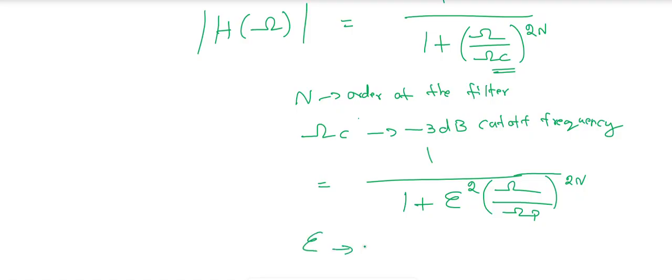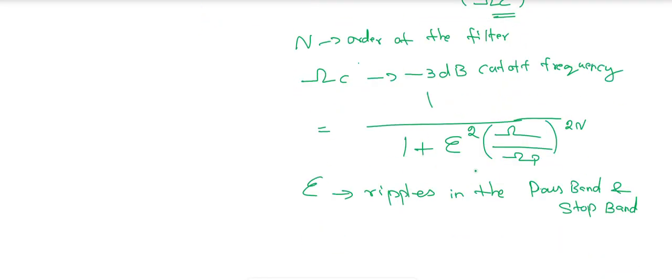The epsilon is nothing but the ripples in the passband and stop band. ωc is the radian cutoff frequency, and ωp is the passband edge frequency. So 1 by 1 plus ε² is a band edge value.